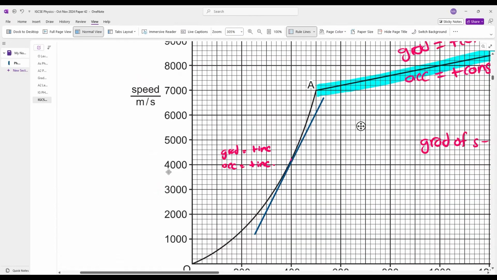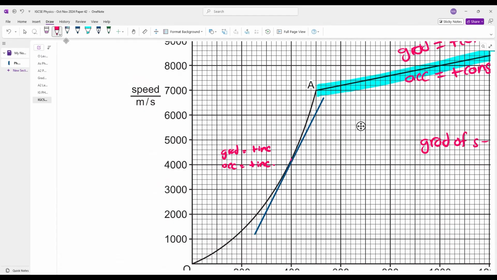Now, how will you calculate the gradient of this tangent? You can take 2 points. The first point can be this: x-axis 400, y-axis will be this point.